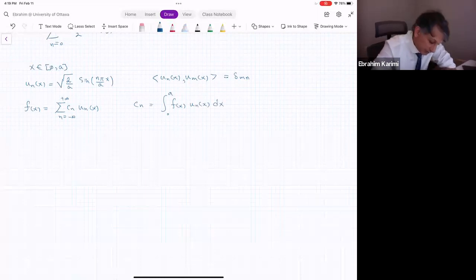Again, if you substitute it inside of that, what you will get is the summation of n from minus infinity to plus infinity of the integral from 0 to a of f(y) un(y) dy, times un(x).